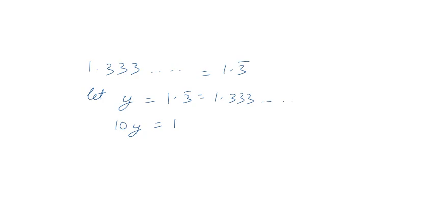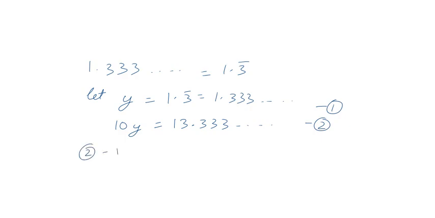How will you treat this? Then write as 1.3 bar. Let it be x, y, z, anything you can assume, no issue. Now, since one number is only repeating, 10 times only we will multiply, so that the decimal portion will remain the same. Now from the second equation, we subtract the first equation.